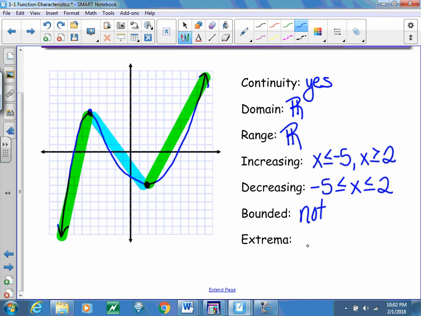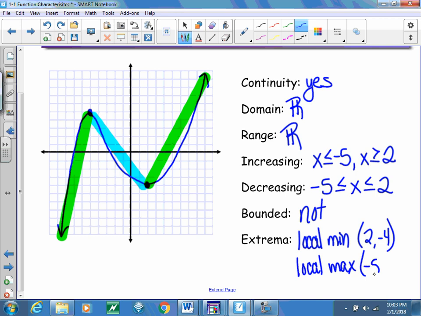There's no absolute maximum or minimum, but there is a local minimum, and we have a local minimum at 2, -1, -4, and then we have a local maximum, and we would have a local maximum at -5 and 1, 2, 3, +5. So just being able to look at a graph and be able to look at a few different things from that.